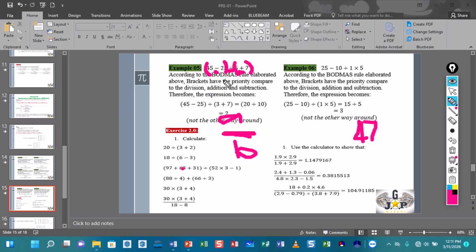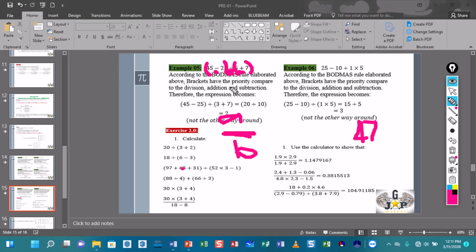So you make it in the form of A over B when you have a division at the center, like this one. That's how you can solve this.